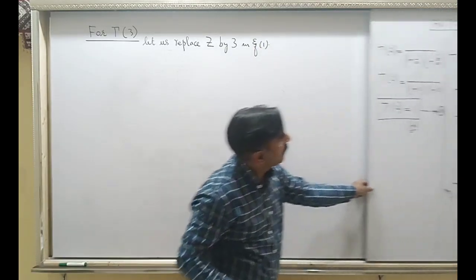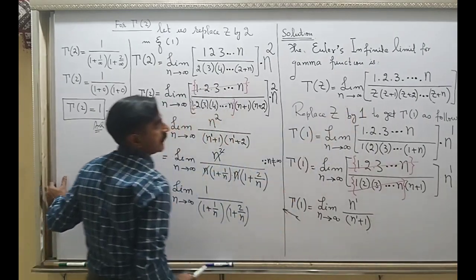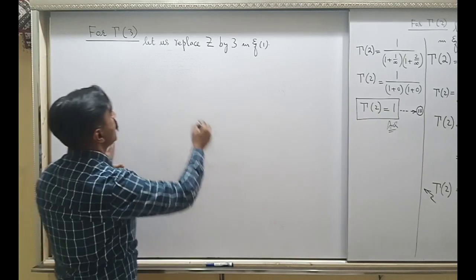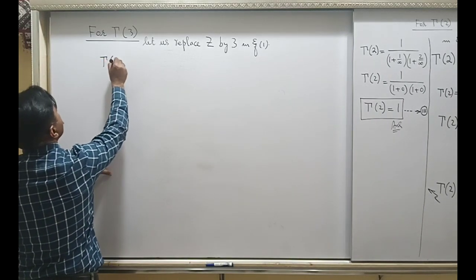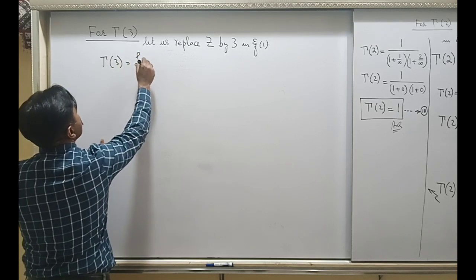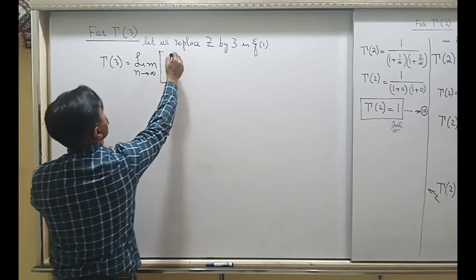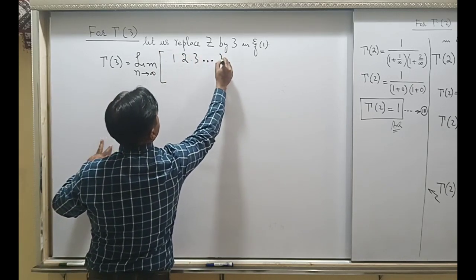And here you need to replace. And you will get gamma 3 equal to limit n approaches infinity. There was no z, so 1, 2, 3, so on, n is the same as before.